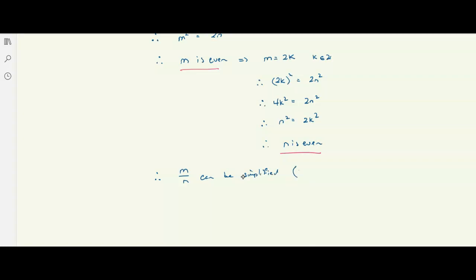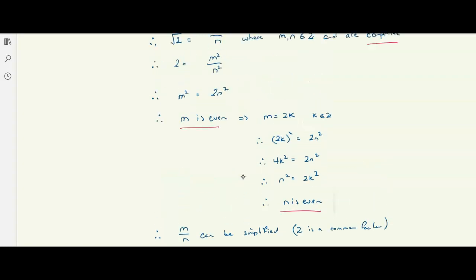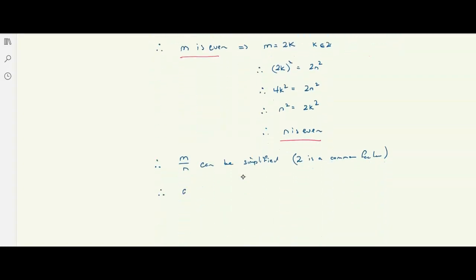Because we know that at least 2 is a common factor. So therefore, the assumption is false, and therefore root 2 is, in fact, irrational.